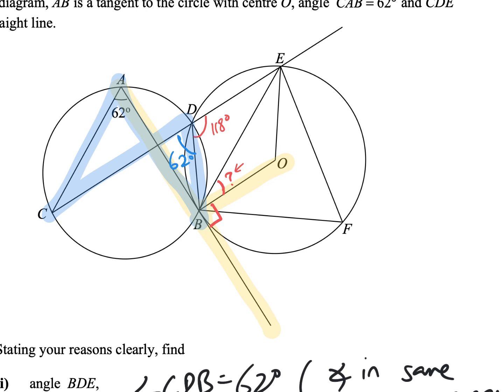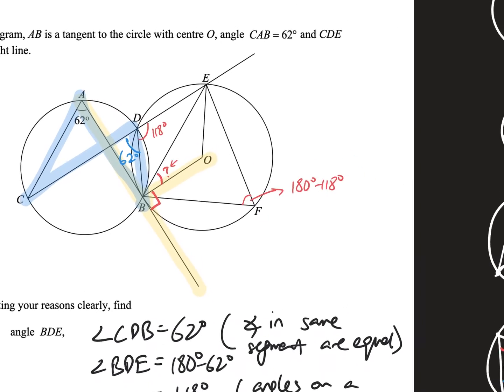This angle 118 is part of this cyclic quadrilateral, right? So the first step is always to think, what shape is this angle a part of? If this is 118, that means this angle must be 180 minus 118. How do I know that? Because it's a cyclic quadrilateral.